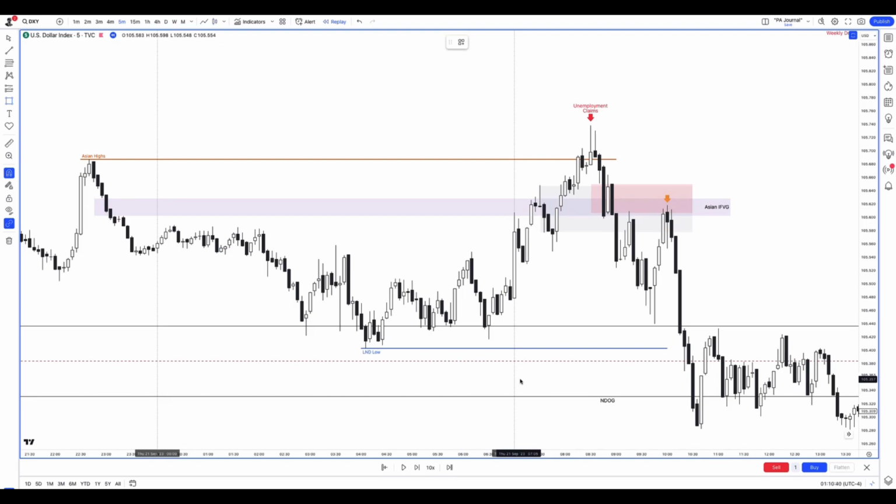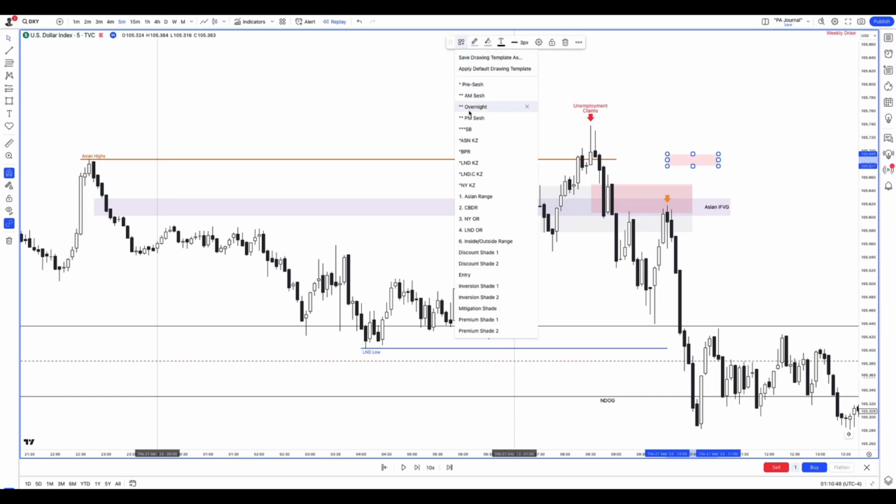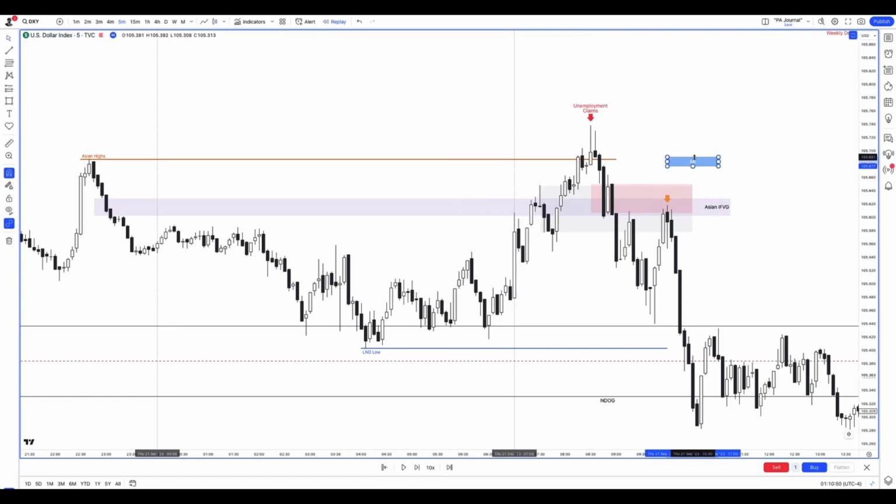So whenever I take a late possible entry, it's pretty much the silver bullet. Okay, so if I'm looking for a late New York entry, it starts at 9 and goes all the way into 11. Those are my late entries.